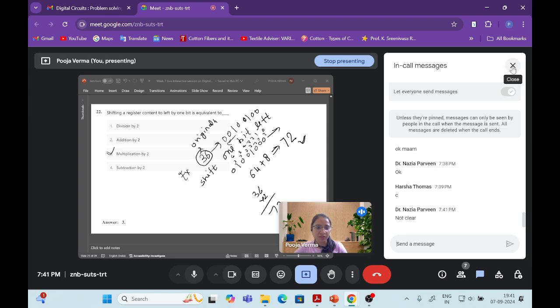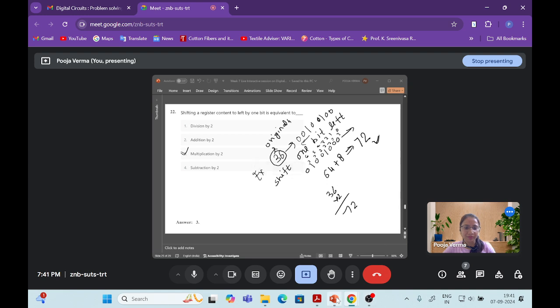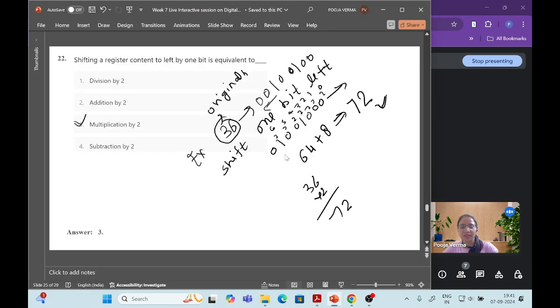Okay, not clear. So let's take any value. I have taken the decimal one, but you can take any binary, because in the shift register we are going to give 0 in the form 0110, right?